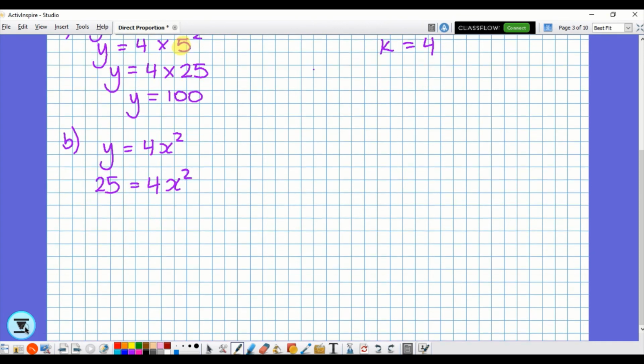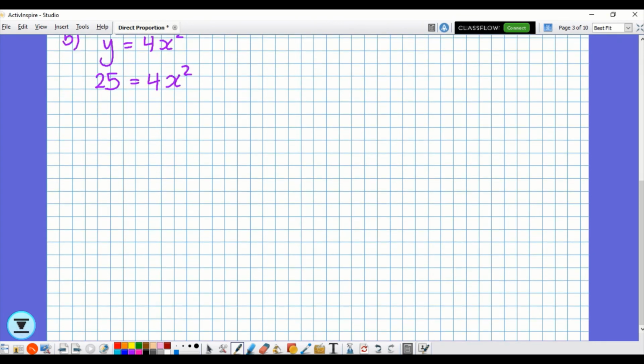So that bit there stays the same. So now, rearranging this, I need to get rid of this 4. So I'm going to divide both sides by 4 first. And that will give me 25 over 4 equals x squared.